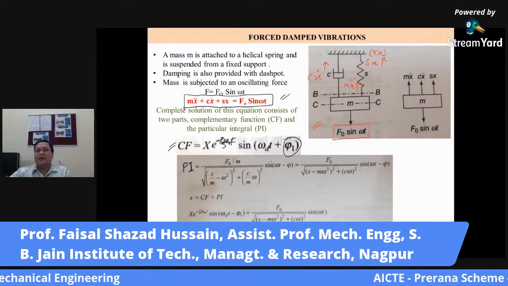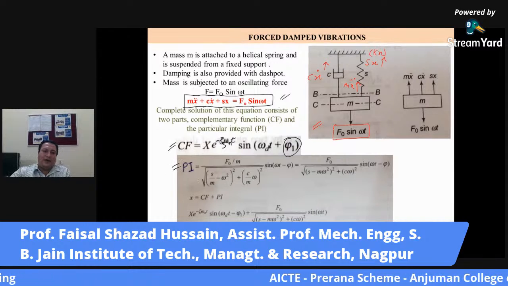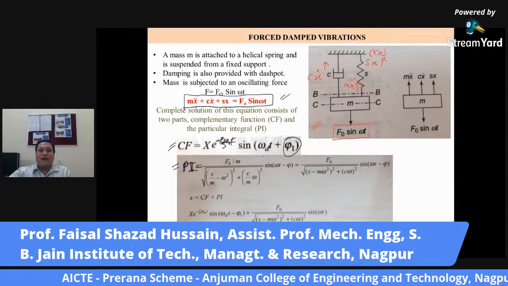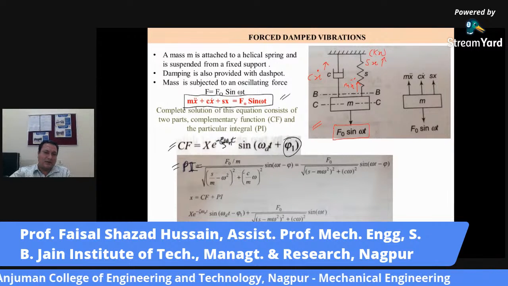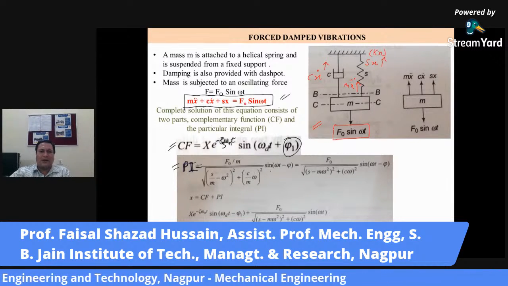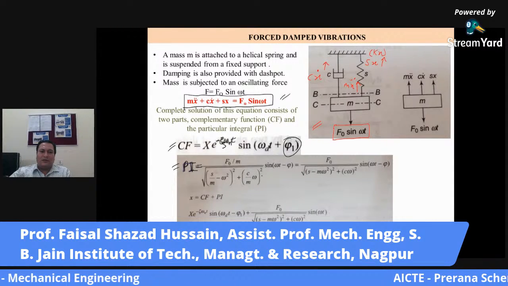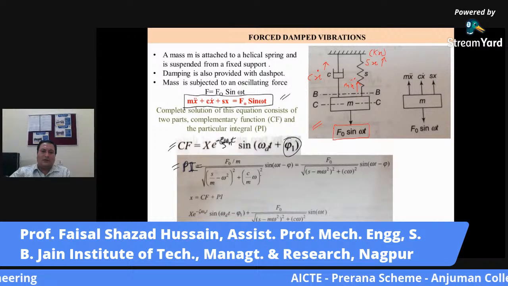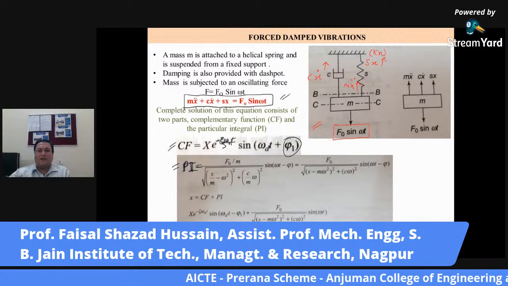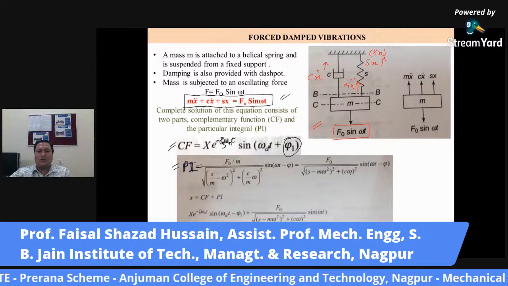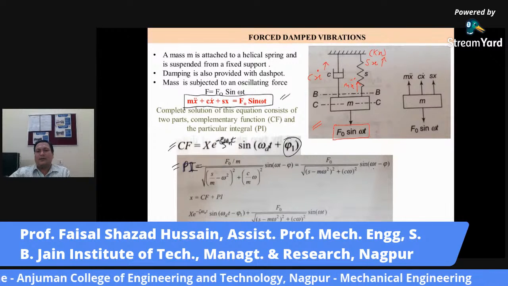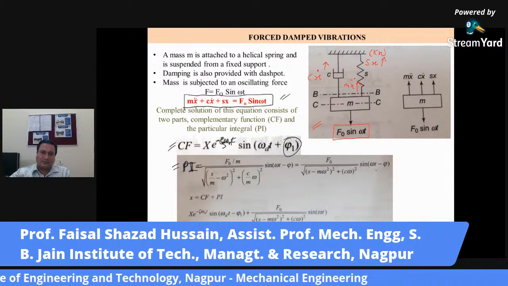This is your lag period, and the particular integral PI will be Fo by m under root of s by m minus omega square, the whole square, plus c by m omega, the whole square. After solving it, we will get this equation, and when I solve it again, I will find Fo upon under root of s minus m omega square, the whole square, plus c omega, the whole square, into sin omega t minus phi.